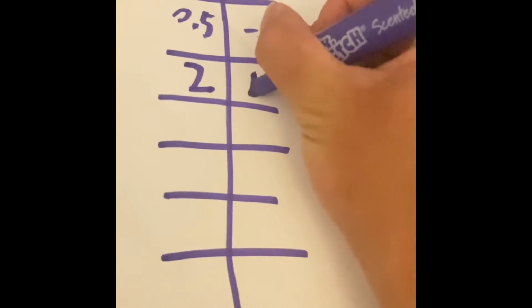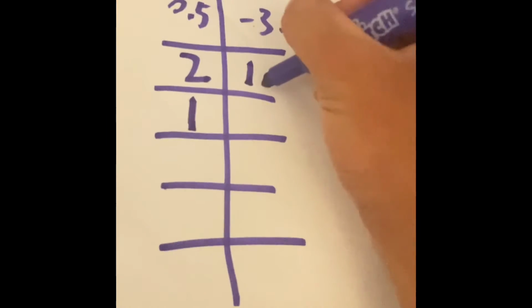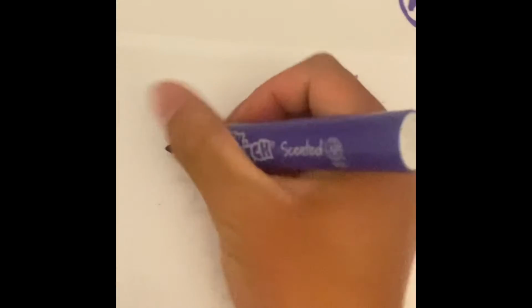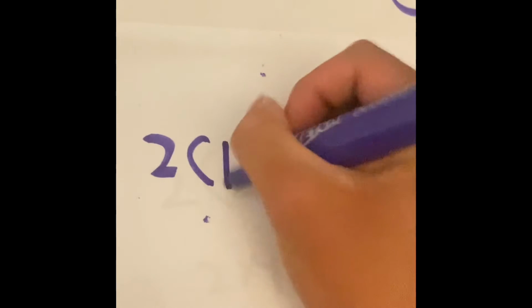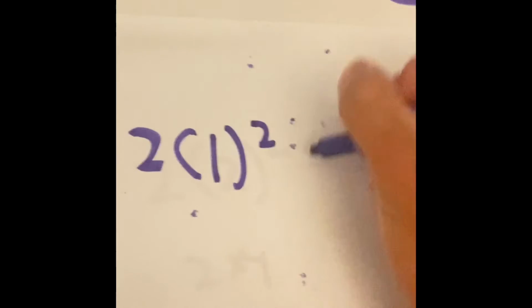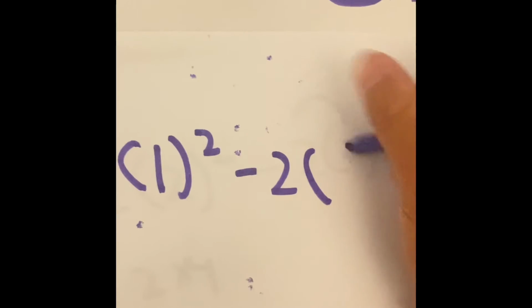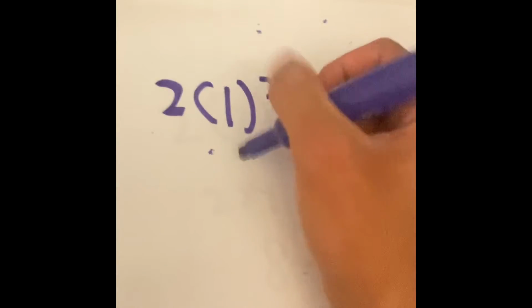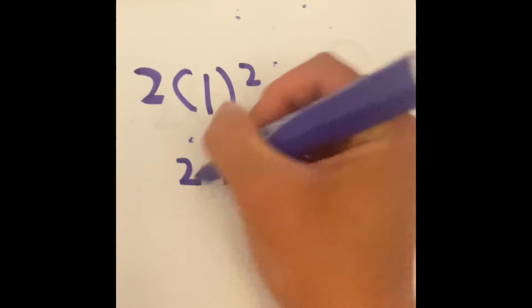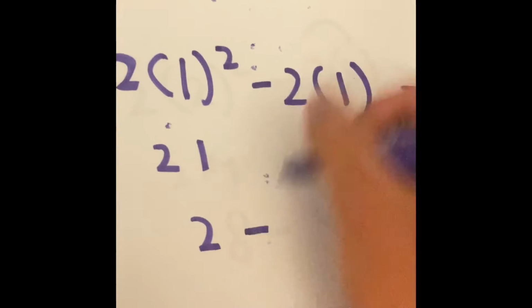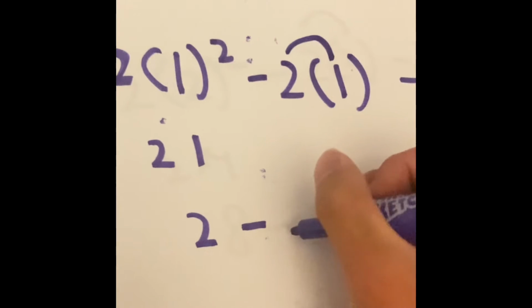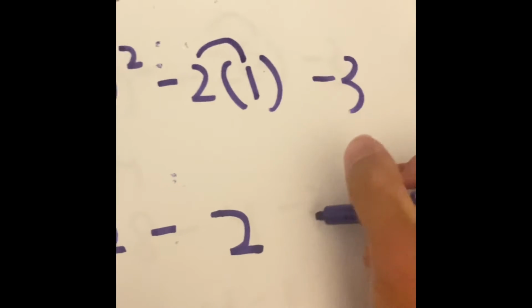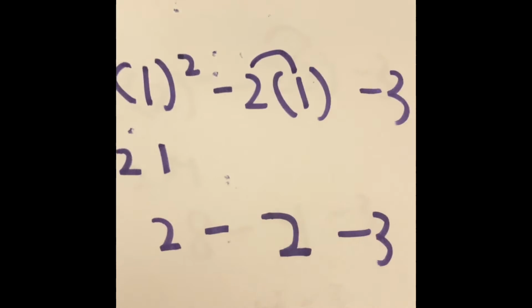But what happens if we add 1? Because we got 1, let's see what happens. So we have 2 multiplied by 1 squared, minus 2 multiplied by 1 again, minus 3. 1 times 1 is 1, times 2 is 2, minus 2 times 1 is 2, and minus 3.